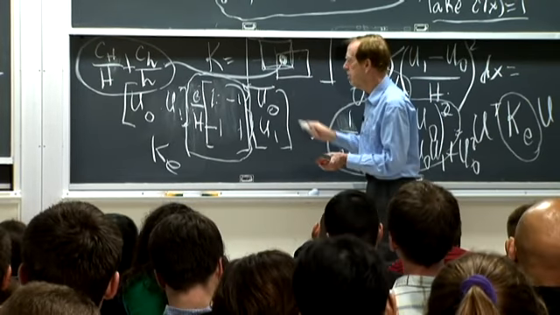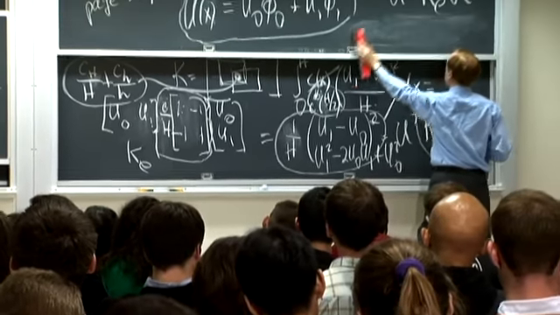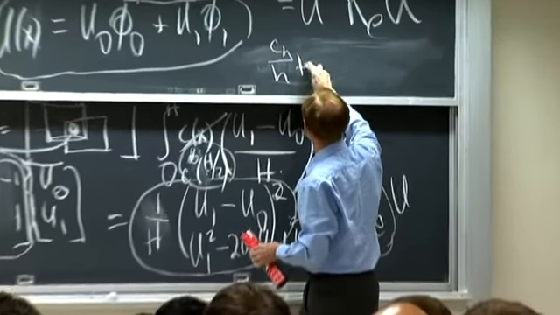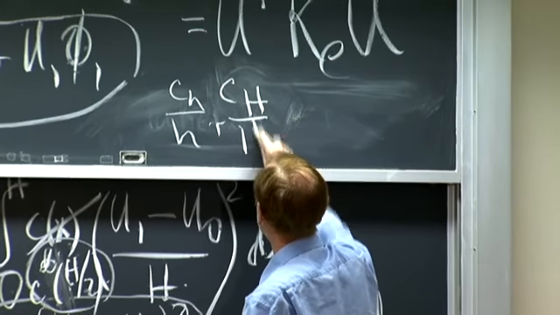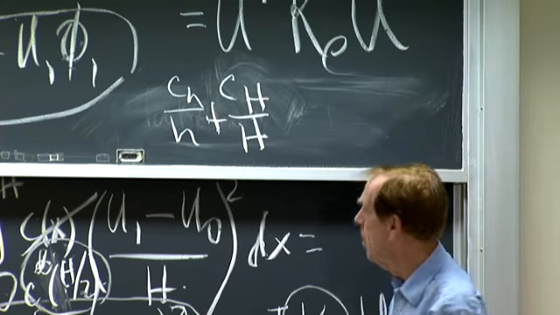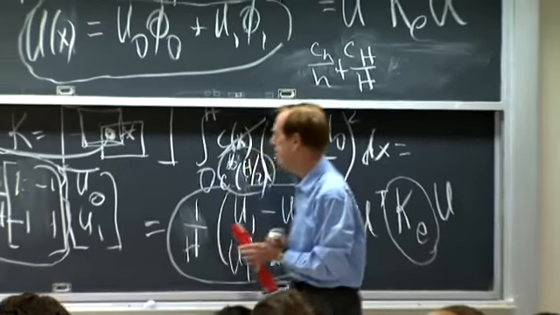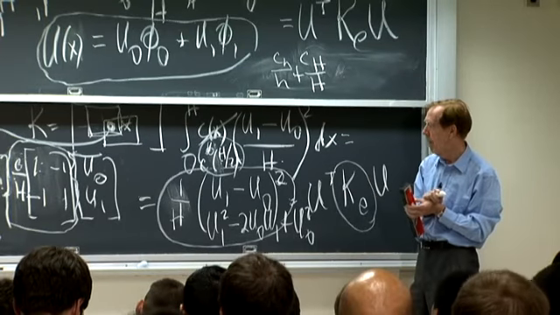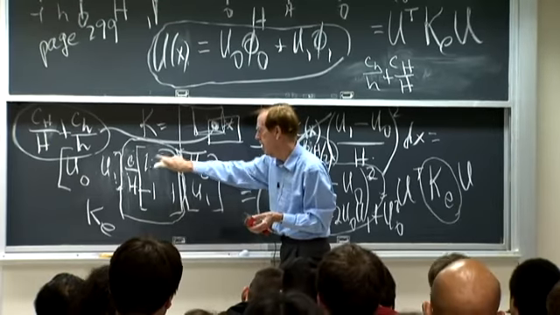Over here, should I write a typical row of k? Typical row of k, when I do that, is going to have this c little h over h plus c big H over h. That's like the 2, right? That's like the 2. And what goes here? What will the entry be that sits there when I assemble? Just this guy times that.